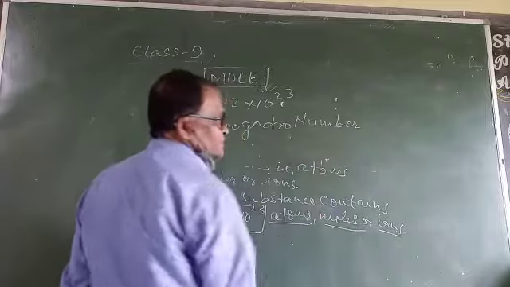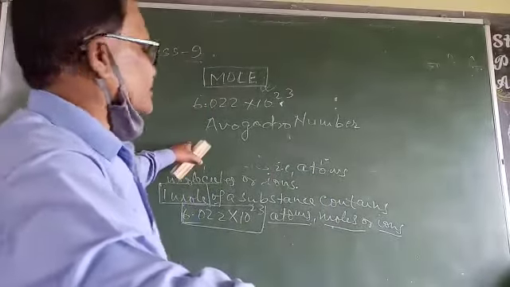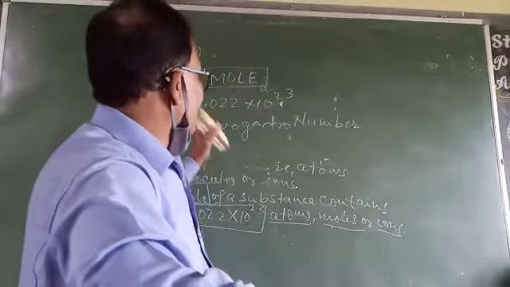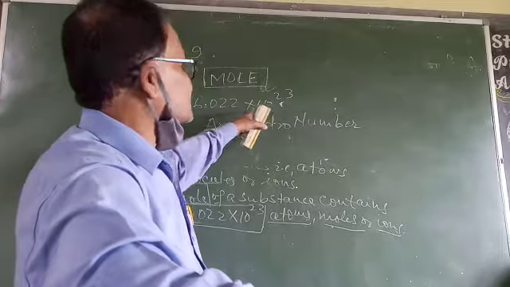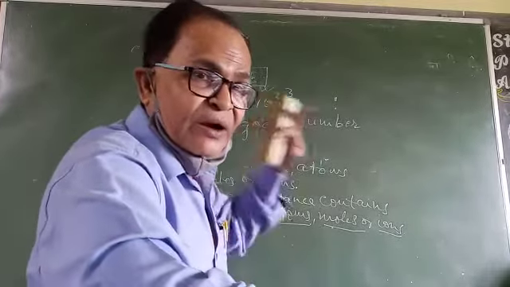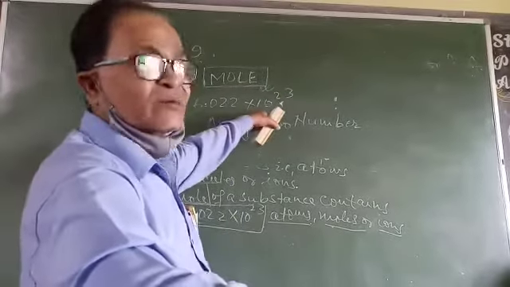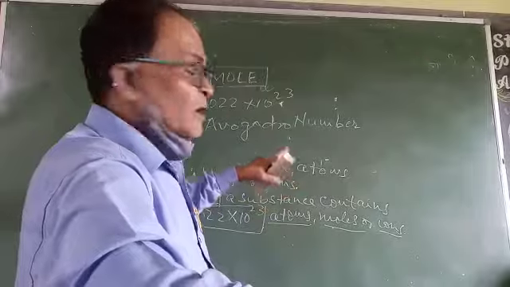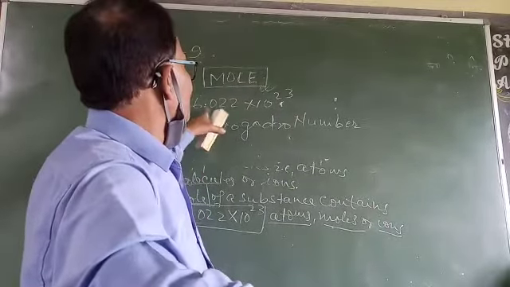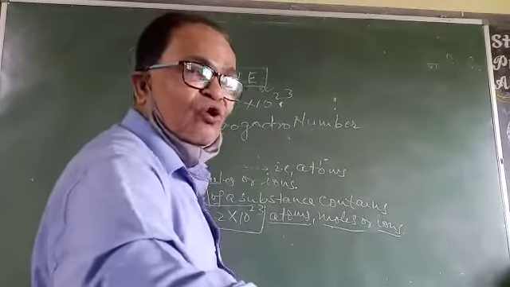Avogadro was a scientist and he calculated experimentally that one mole of a substance, or the gram atomic mass of a substance, contains this number of atoms in it, or the gram molecular mass of a substance contains 6.022 into 10 to the power 23 molecules of that substance.